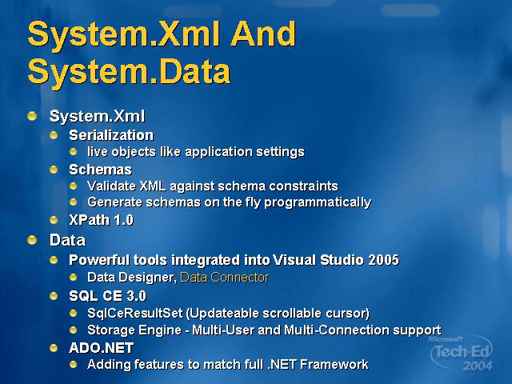What this means is you don't have to mirror your SQL Server data in a data set. Today you have two copies of your data if you have a SQL CE database and a data set, so you don't have to bring all of your data into managed code and have a second representation. What the SQL CE result set does is allow you to, in a strongly typed manner, work with that SQL CE data without having to have a copy of it.